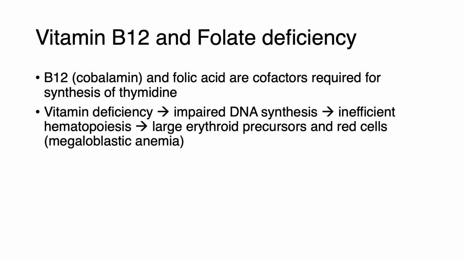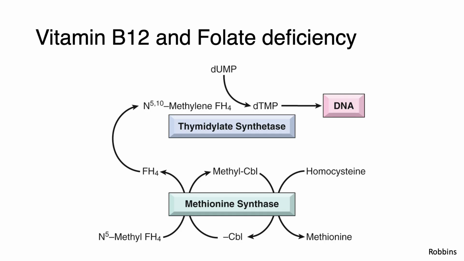Now, vitamin B12 and folic acid are important cofactors required for the synthesis of thymidine. So if you have deficiency in these vitamins, you're going to have impaired DNA synthesis, inefficient hematopoiesis, and you end up with these large erythroid precursors in red cells, and that's why we call it megaloblastic anemia.